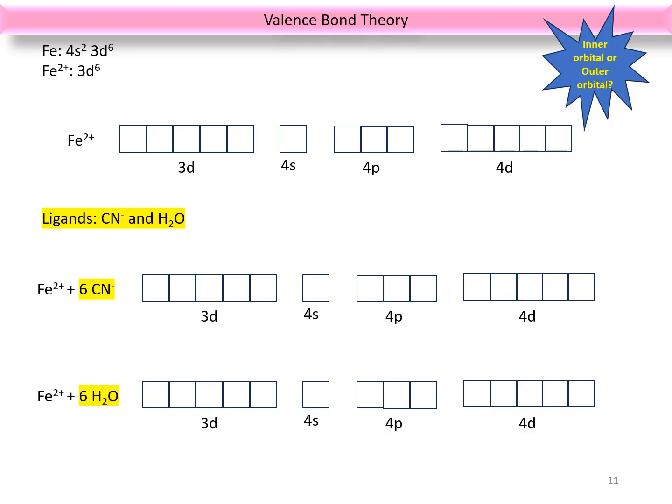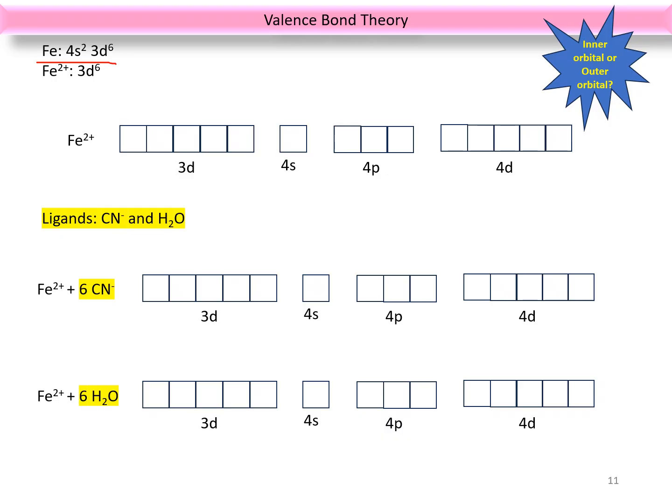Now, let's say we are going to look at the coordination compound of iron 2. The electronic configuration before 4s2 is the same: 1s2, 2s2, 2p6, 3s2, 3p6. We don't focus on that because those are the inner shell electrons that do not participate in the formation of bonds.